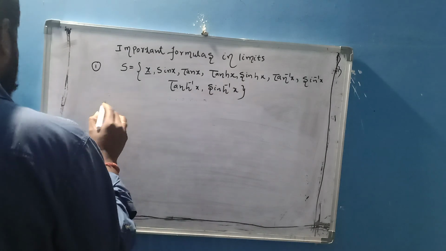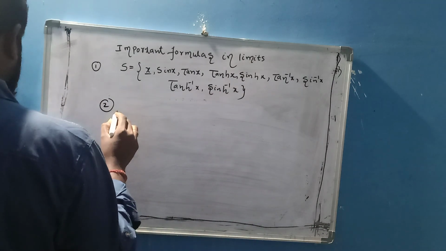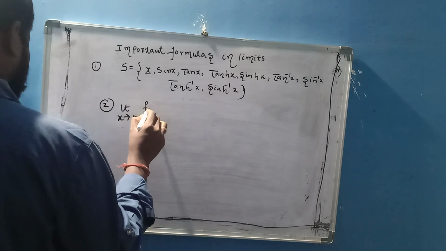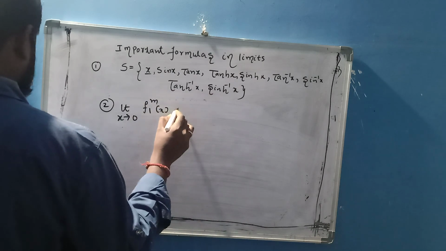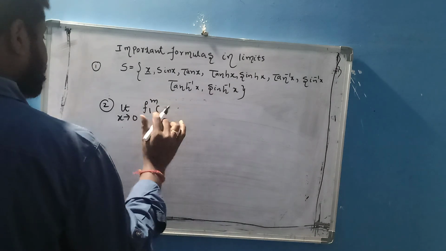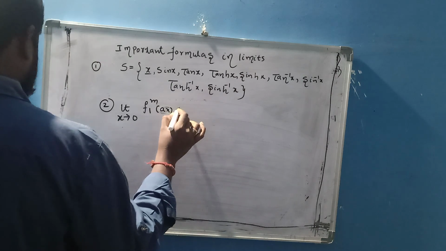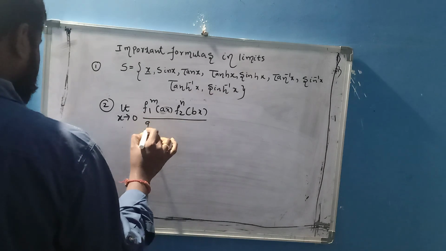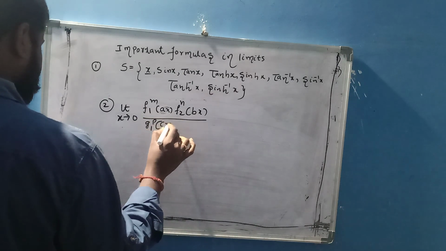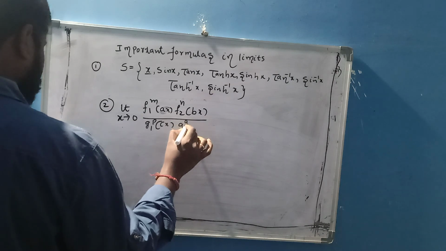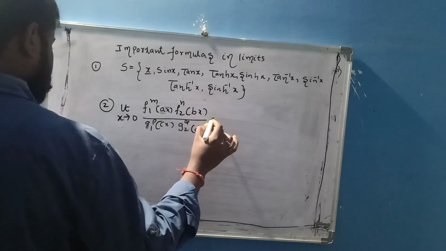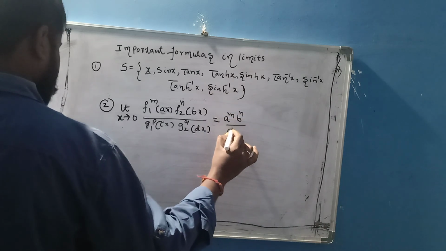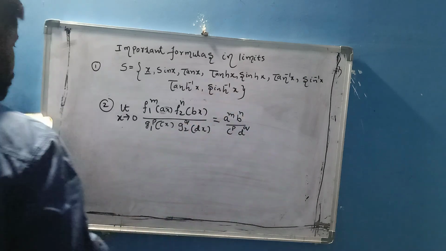Second formula: limit x tends to 0 of (f1 power m of ax into f2 power n of bx) by (g1 power p of cx into g2 power q of dx) is equal to a power m b power n by c power p d power q.